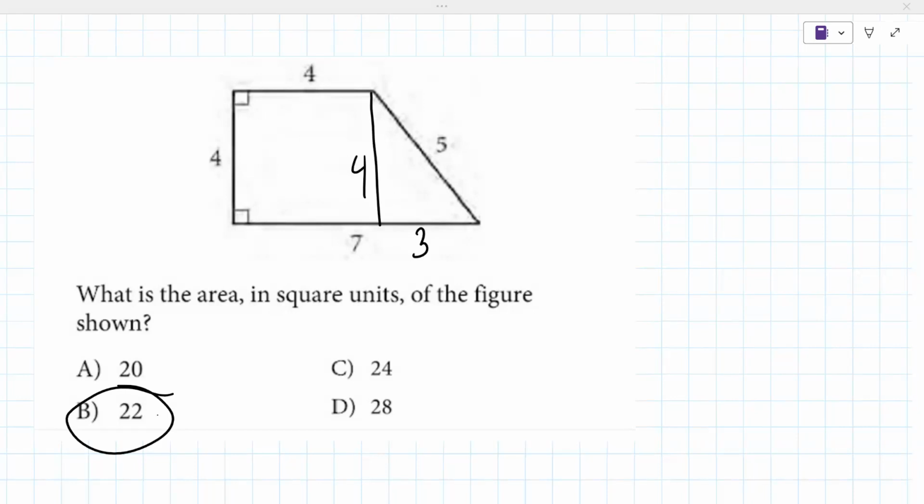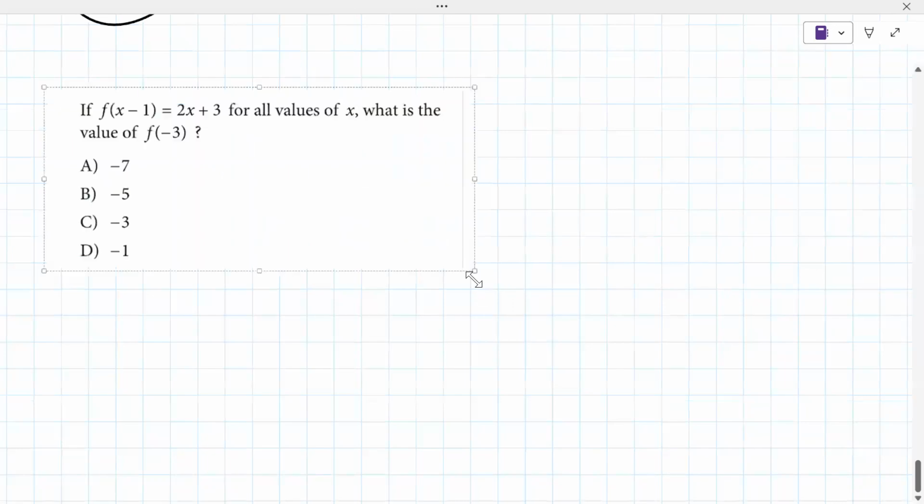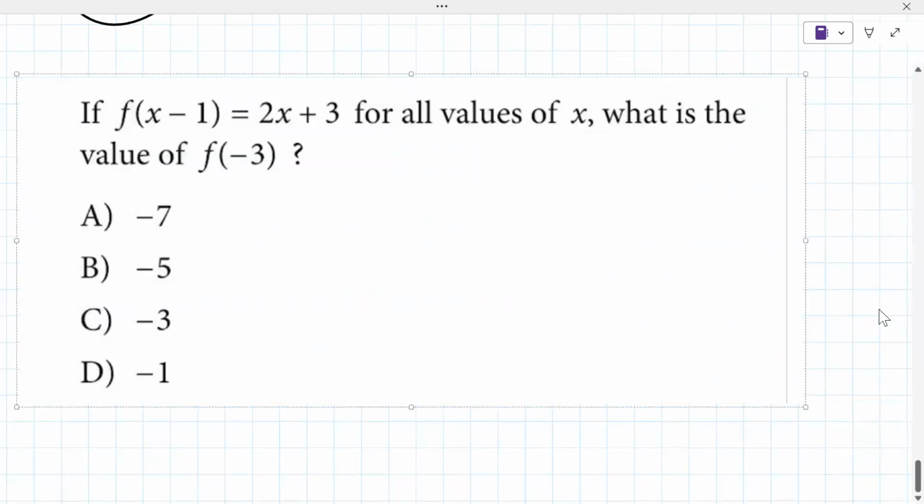We'll switch to another topic, some function notation stuff. So this is a little bit like that absolute value problem I gave you earlier, where there is kind of an indirect way to do it. There's also the direct way.